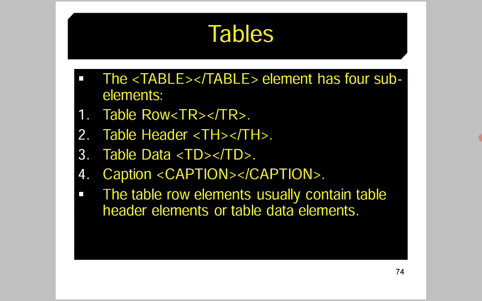There are 5 different tags used to create tables. So what are they? The first one is the table tag. The table tag is generally used to create a table in HTML.